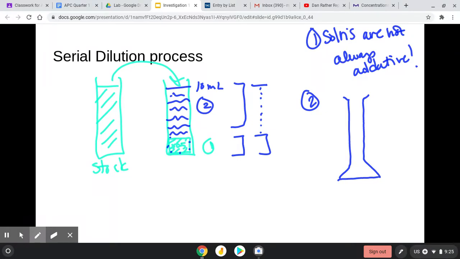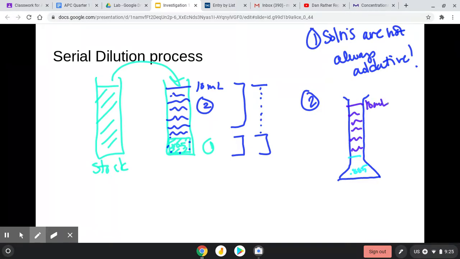Let's say you add in your stock solution first, and then after your stock solution is in there, you're going to add water up until the 10 milliliter mark.